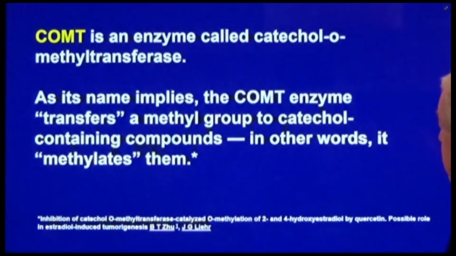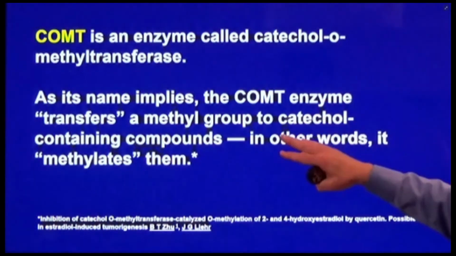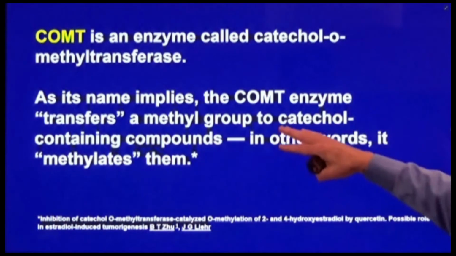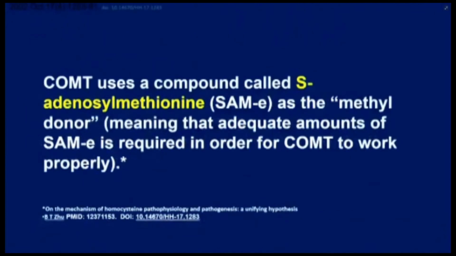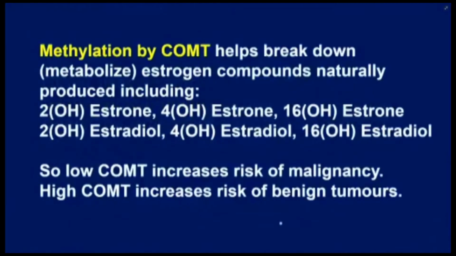So catechol-O-methyltransferase is an enzyme. Its name implies that the COMT enzyme transfers methyl groups to catechol-containing compounds. In other words, it methylates them. It uses a compound called S-adenosylmethionine, often called SAM or SAMe, as the methyl donor, meaning that adequate amounts of SAMe are required in order for COMT to work properly.